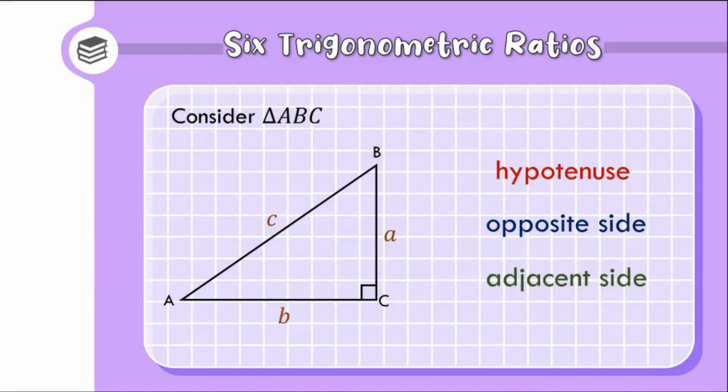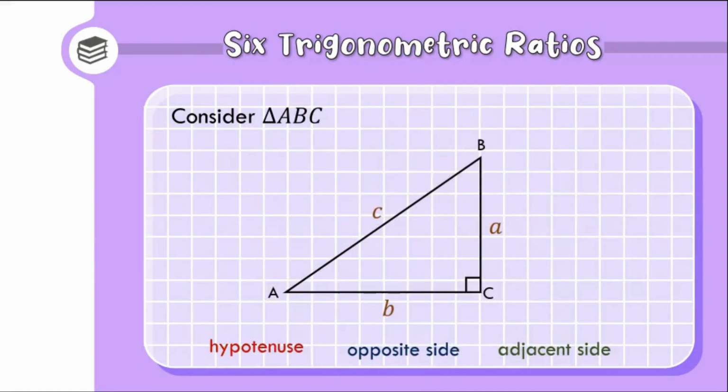So this time, let us have the hypotenuse, opposite side, and adjacent side of angle B. So angle B here will be our reference angle, such that given in triangle ABC, the hypotenuse is the longest side of our triangle and it is the side opposite to the right angle. Therefore, side c here is the hypotenuse of triangle ABC.